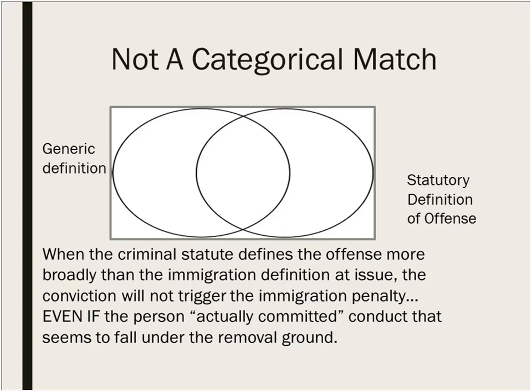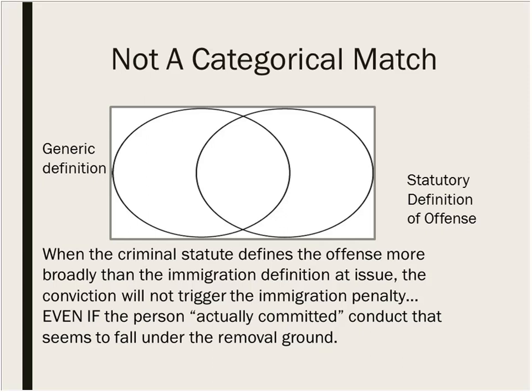Those drugs are not a match for the federal ground because they're not illegal to possess on the federal level. So that state offense is not a perfect match. It has some conduct that falls outside the generic definition. So what does that mean? That means that it was possible to commit that crime in a way that is not covered, so we get these two rules that don't match each other, and the conviction does not automatically trigger the immigration penalty.